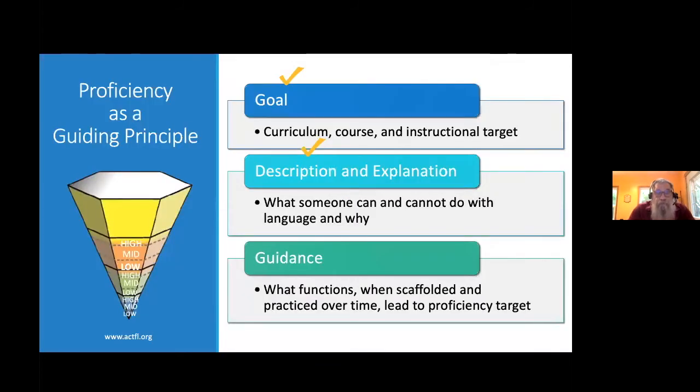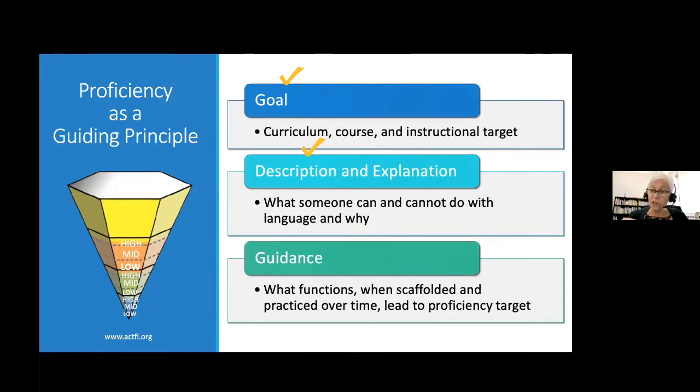Joanne? Thank you, Bill. So we talked first about proficiency as an organizing principle, and now we want to think about it as a guiding principle. We use it to organize our curriculum, our courses, and inform our instructional targets, as Bill talked about.